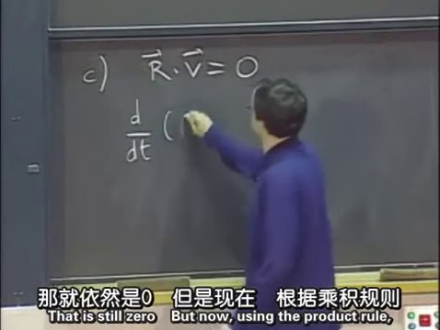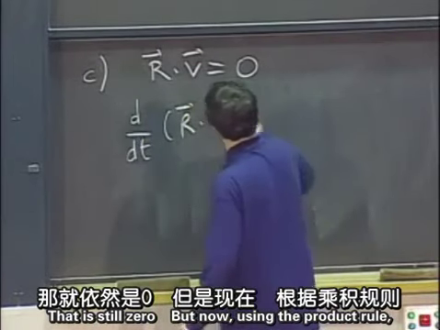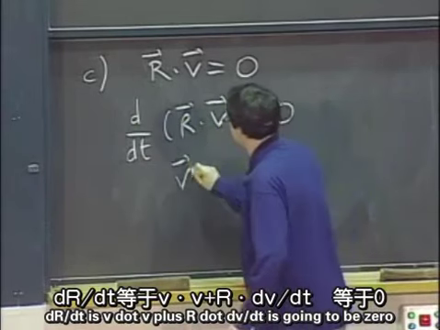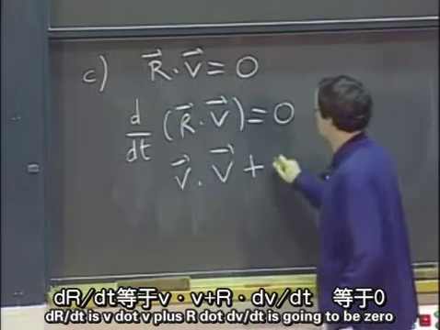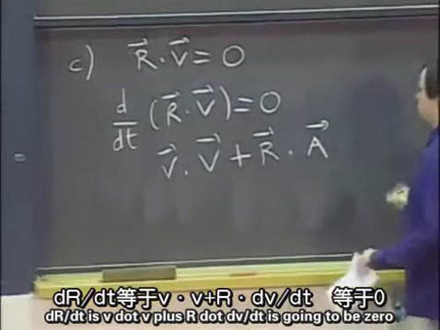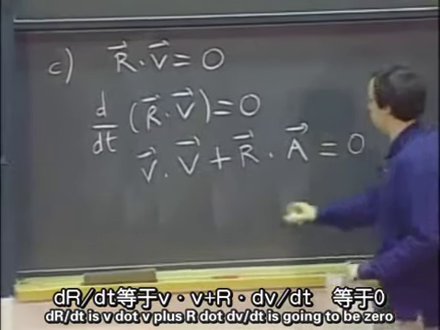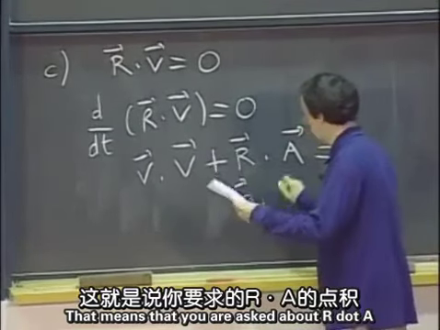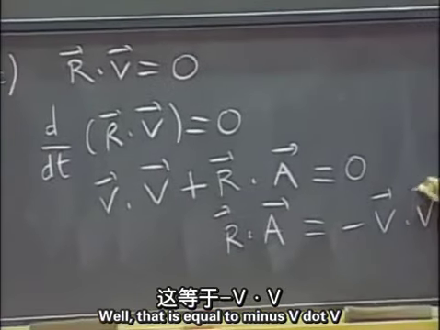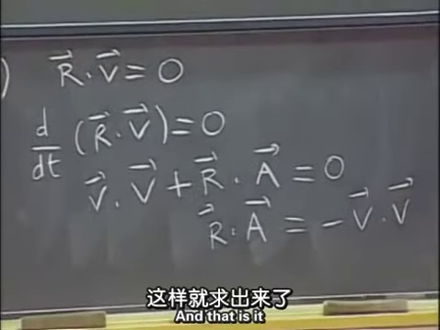That's still 0. But now, using the product rule, dr/dt is v, so v dot v plus r dot dv/dt is going to be 0. So that means that you're asked about r dot a. Well, that's equal to minus v dot v. Okay? And that's it.